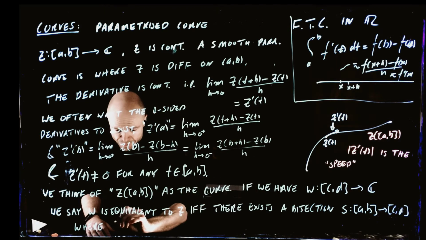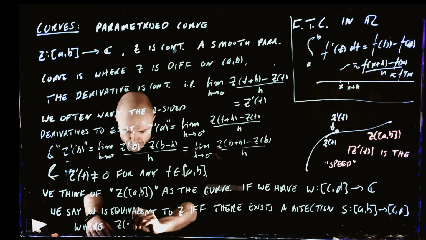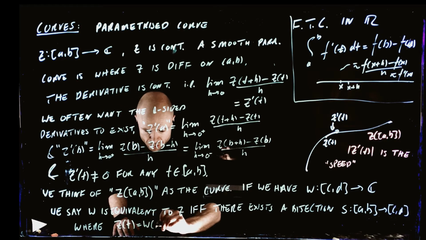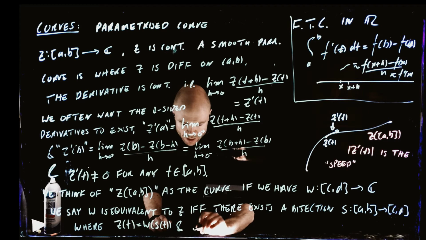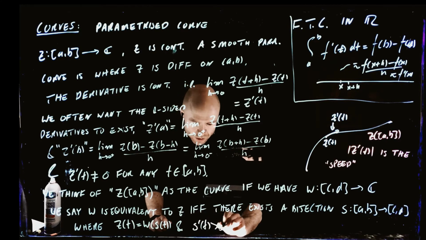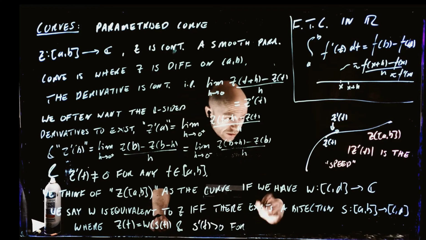So we have that z of t is equal to w of s of t, and s prime of t is bigger than 0 for our t between a and b.